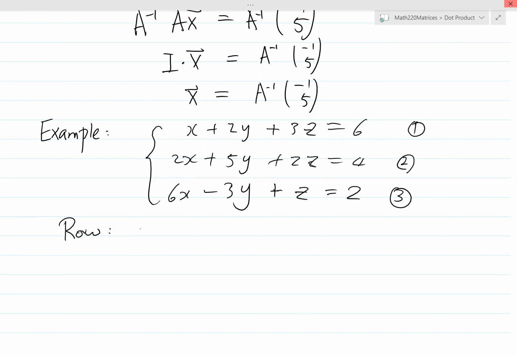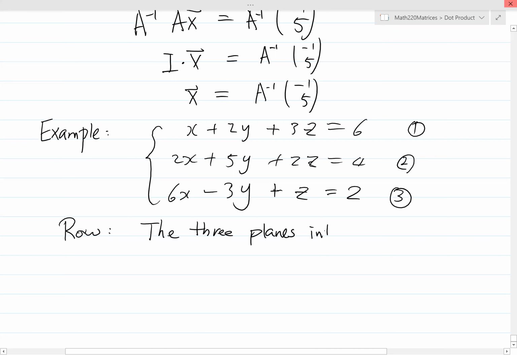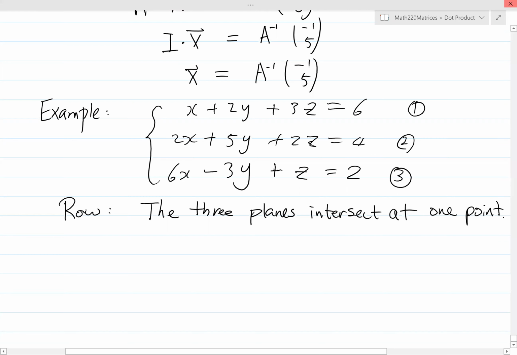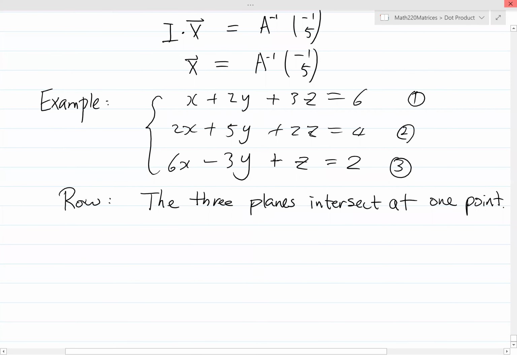So the row picture says the three planes intersect at exactly one point. It's possible that if two planes are parallel, then there's no intersection, and in that case there's no solution.